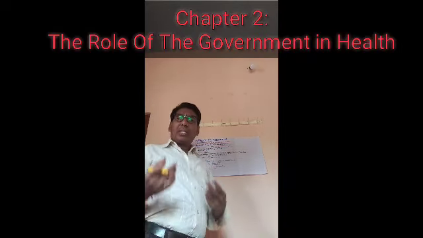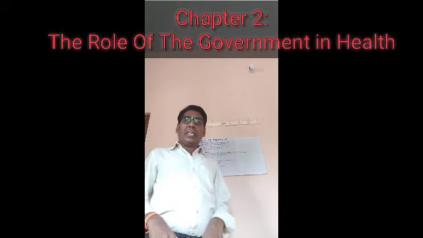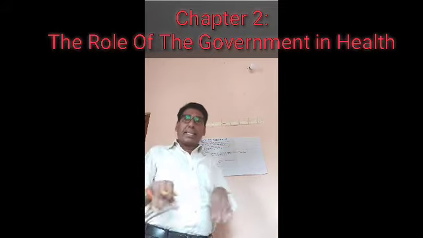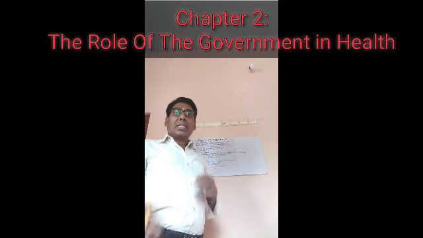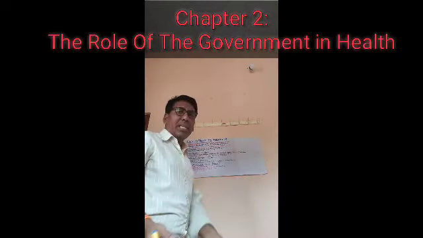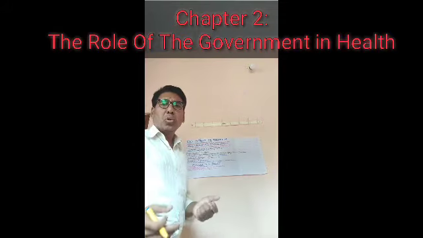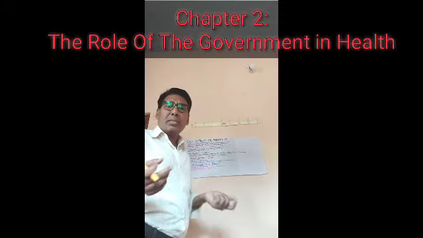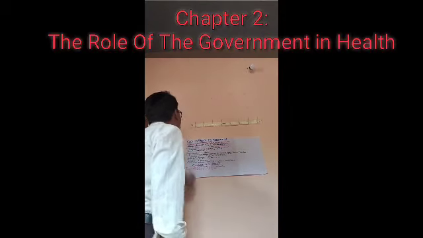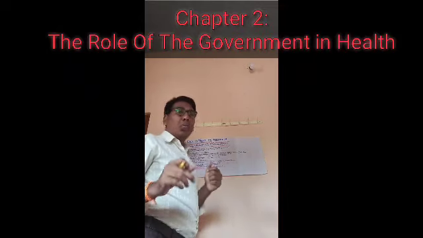When the government is made by the people, it is their government, the people's government, and it works for them, then naturally the expectations of the people from the government are nothing new. All the people in the country expect that the government should do welfare work for the people.